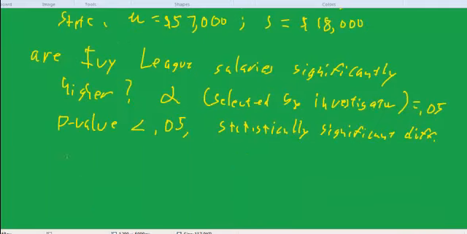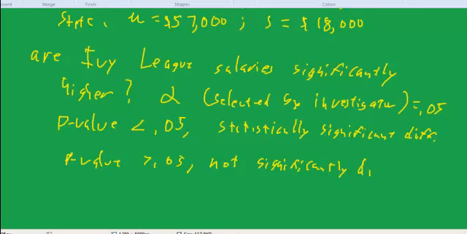If the p-value is greater than 0.05, then it's not significantly different. Alright, so now I'm going to do that test.